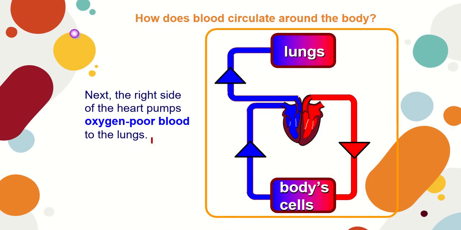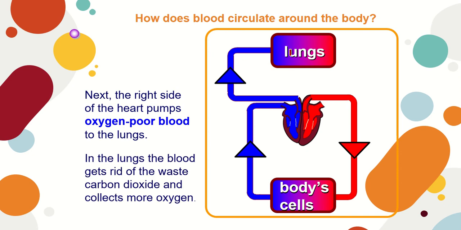Next, the right side of the heart pumps oxygen-poor blood to the lungs. Kaya nga, anong tawag natin dito? Pulmonary circulation, di ba? For example, ito yung deoxygenated blood. Ito yung dugo or blood na walang dalang oxygen. Papasok siya ulit kay right atrium, right ventricle, and going to the lungs.